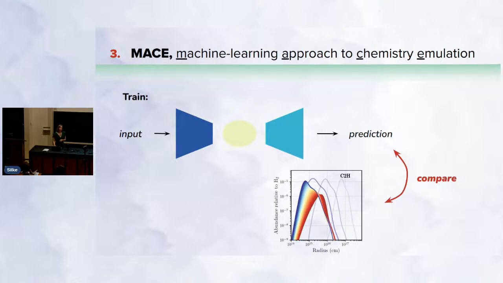I think it was about 10,000 inputs I trained this thing on. So we just repeat the whole process with different inputs up until the point where we are satisfied with our prediction, because at that point our prediction looks more or less like the classical models, and that's what we're aiming for.